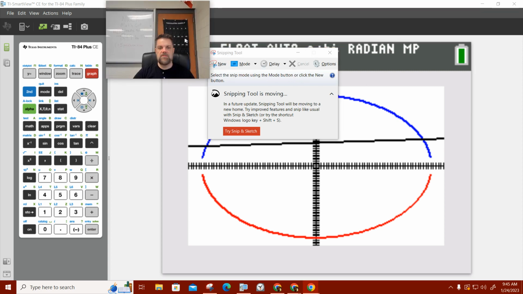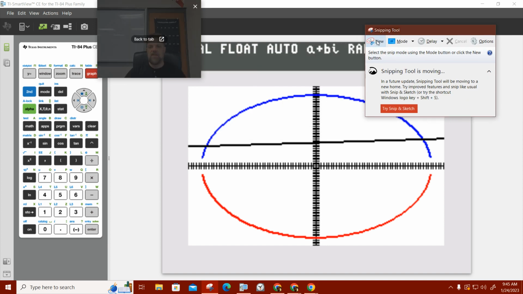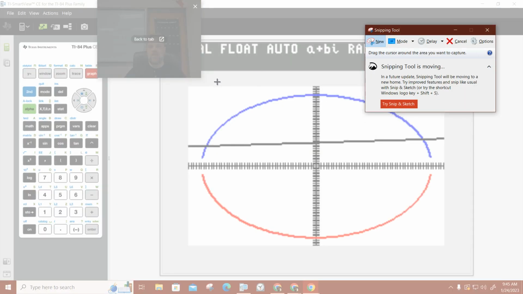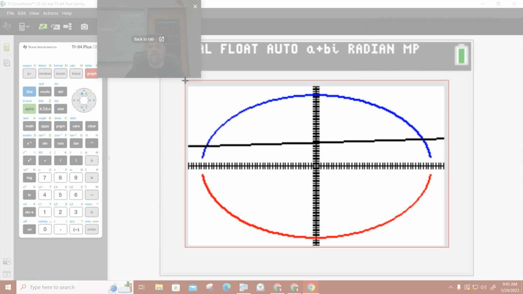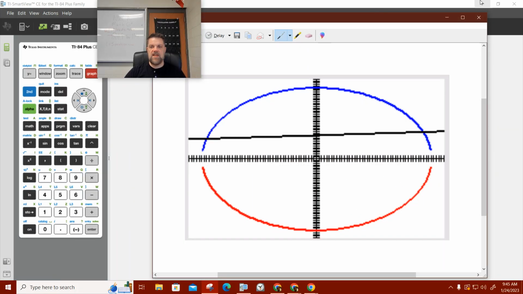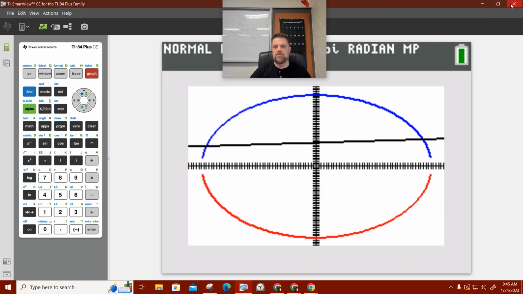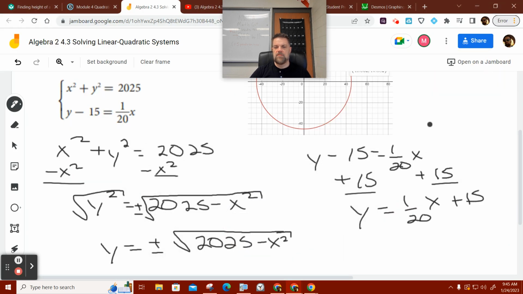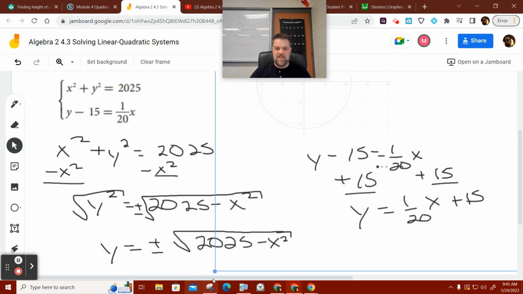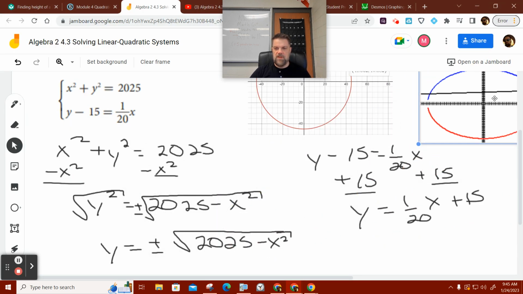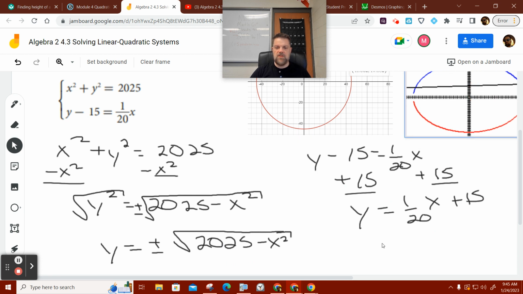And that's what it looks like on the TI-84. I'm just going to copy and paste that somewhere in here. It looks a little goofy.